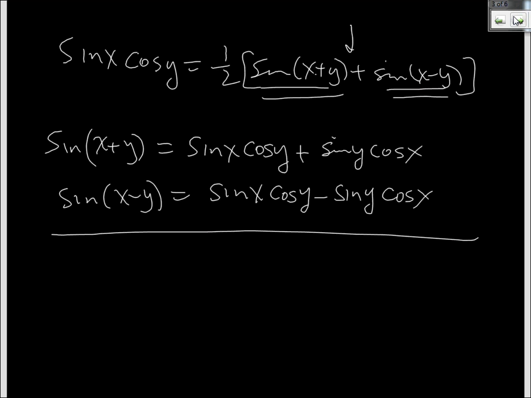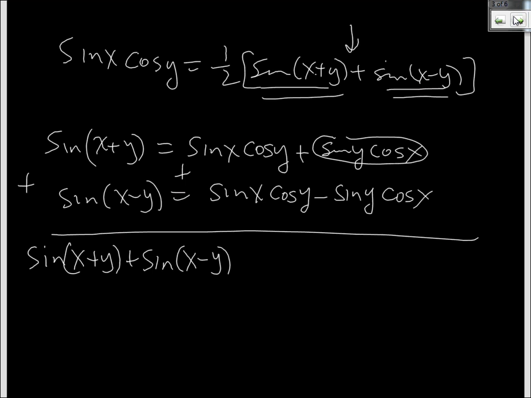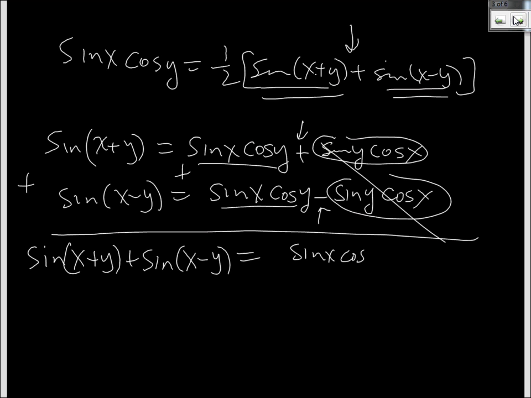Now, I want to add these. When I add, the left side is going to be sine of x plus y plus the sine of x minus y. When I add the right sides, these being exactly the same but having different signs, they cancel, and I'm adding the same thing to itself 2 times. So I won't get sine x cosine y, I will get 2 of them.